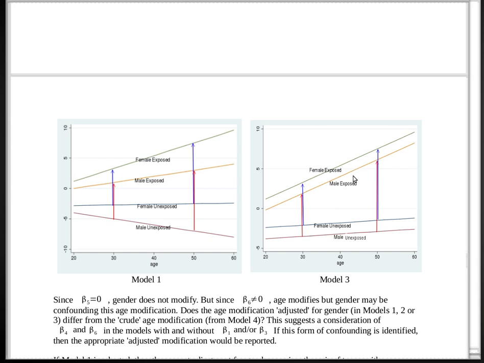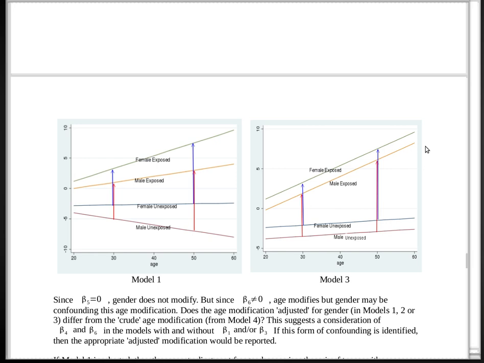Excuse me, what am I? No, it's the male and the female exposed lines that are parallel now, and the male and the female unexposed lines that are parallel. Have a look at the equation. There's stuff to study here.